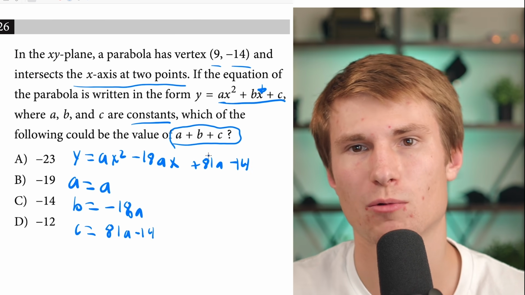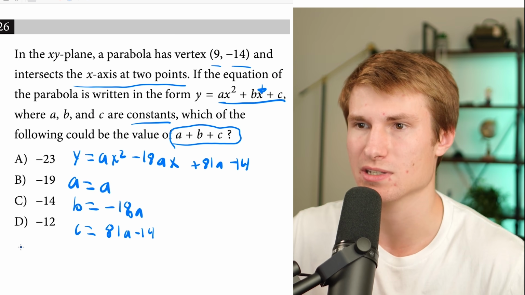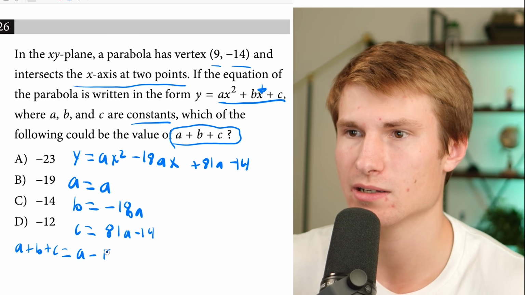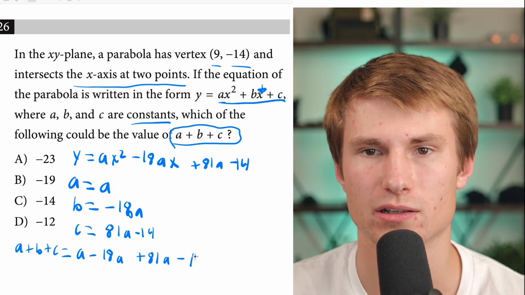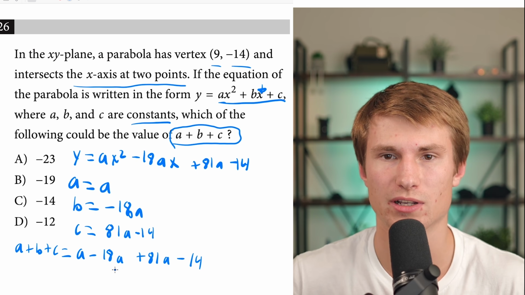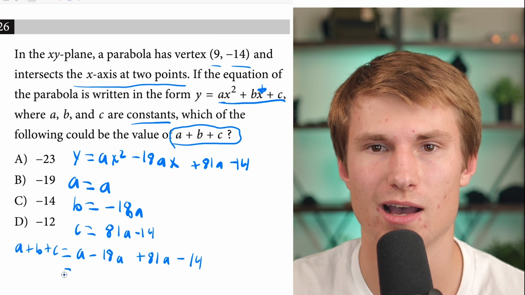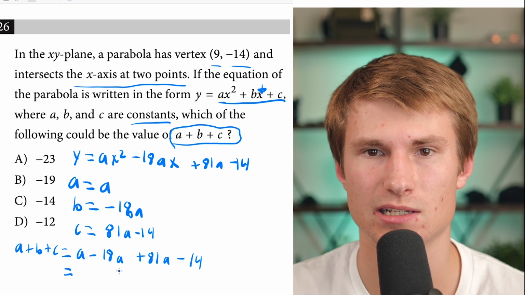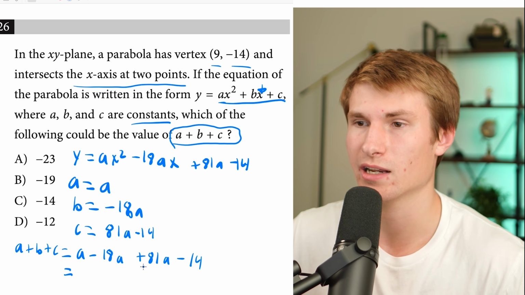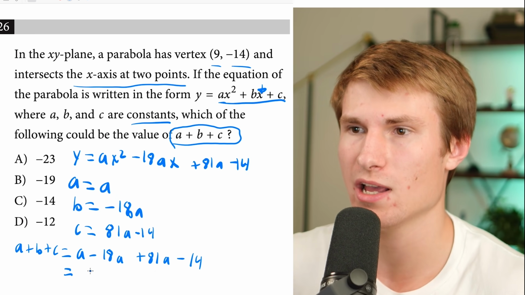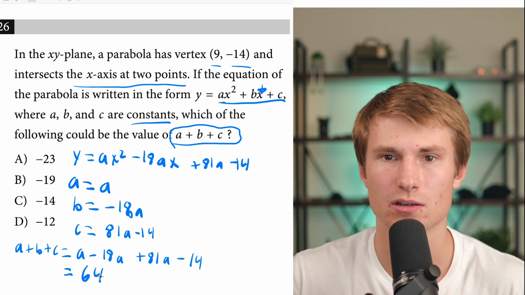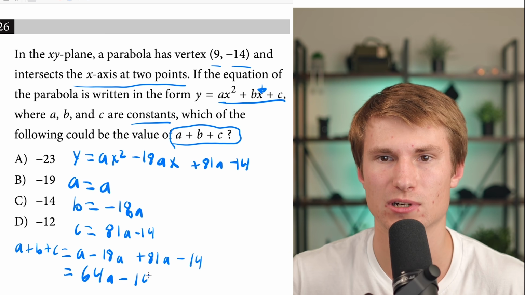All right, so from here, I want to sum these all together. So a plus b plus c is going to equal a minus 18a plus 81a minus 14. Now from here, what we're going to look to do is combine these a terms. So we'll have a minus 18a, which will give us negative 17a. Negative 17a plus 81a will give us positive 64a. So we'll have 64a minus 14.